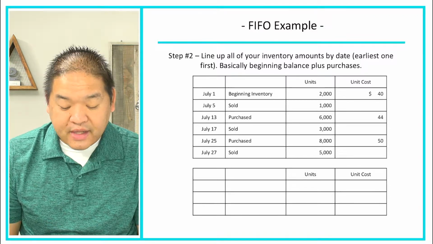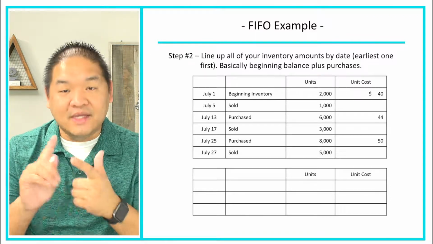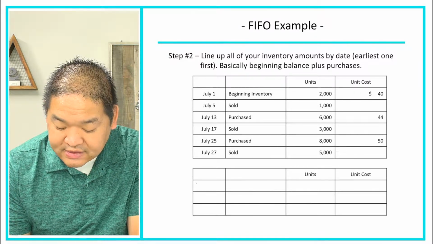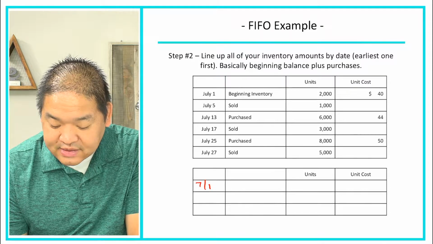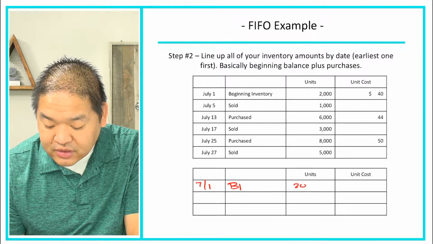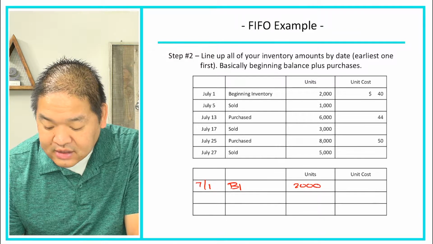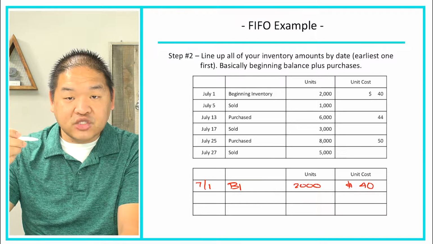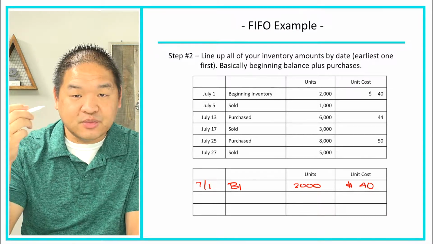So I'm going to go ahead and line up all of our beginning balances and our purchases. The first one that we have is on 7/1. This is our beginning inventory, and we have 2,000 units, and that cost us $40 a piece. Then I'm going to go down to the next available one, which would be the next purchase.